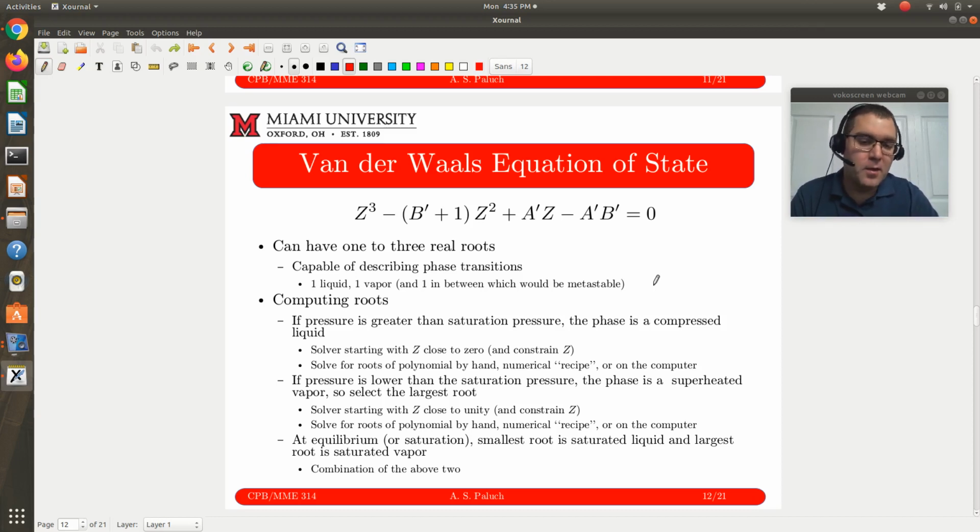In Excel, you could come up with a guess of the value of z, and then use goal seek to solve for the z for which this equation is satisfied. If you're looking for a liquid root, you can start with a small z. If you're looking for a vapor, you can start with a large z closer to 1, and use that to try and solve for the root.